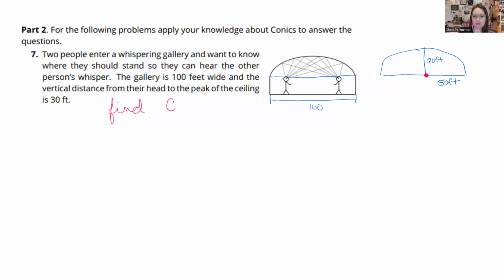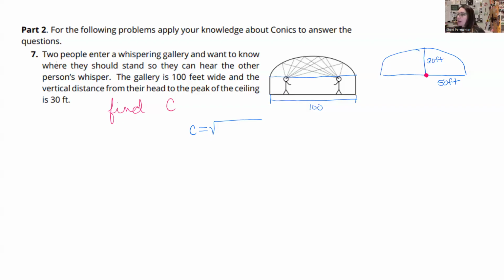What is the formula for an ellipse to find C? What do we think it is? Nope.